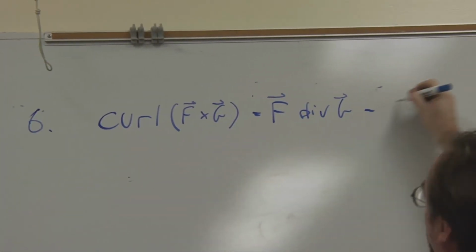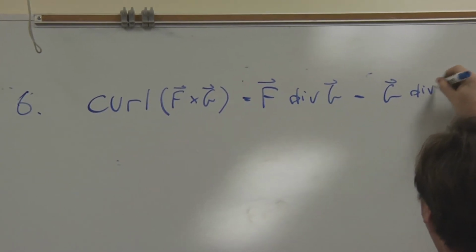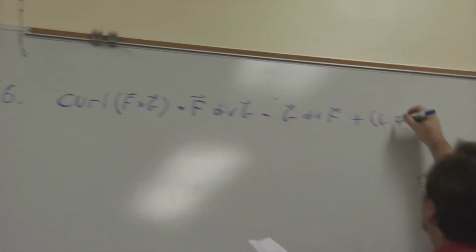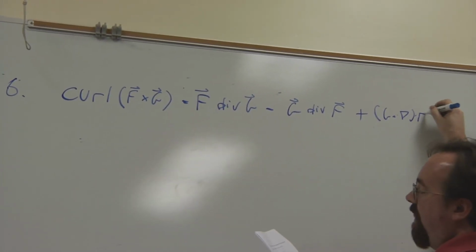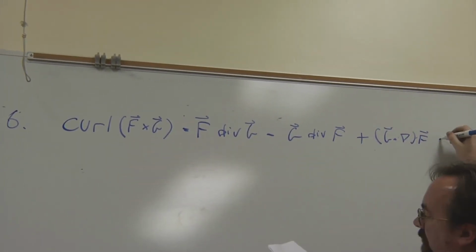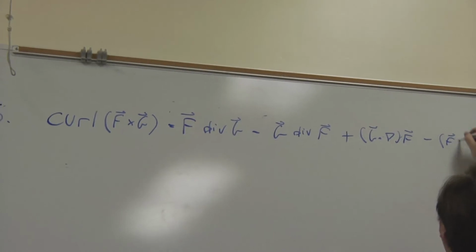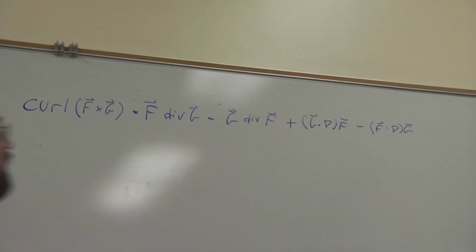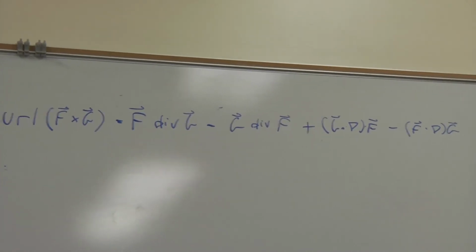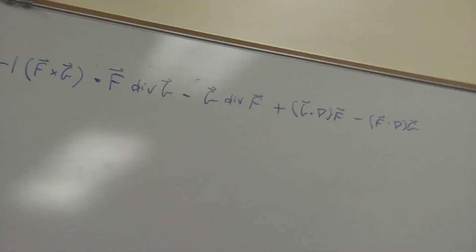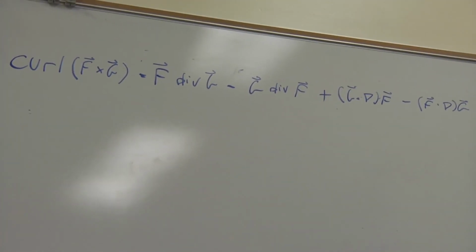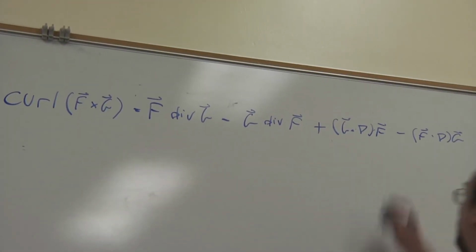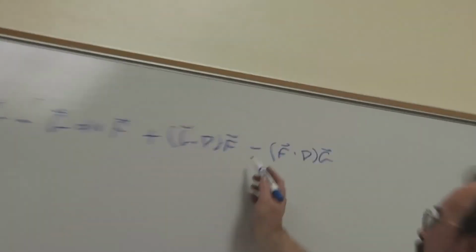F div G minus G div F plus G dot del F minus F dot del G. Now, I do need to explain some notation in this, which apparently did not cause a problem for you, but just to make sure for anyone watching this on video, because this is a rather odd expression.